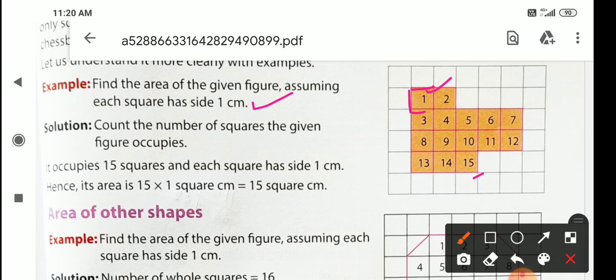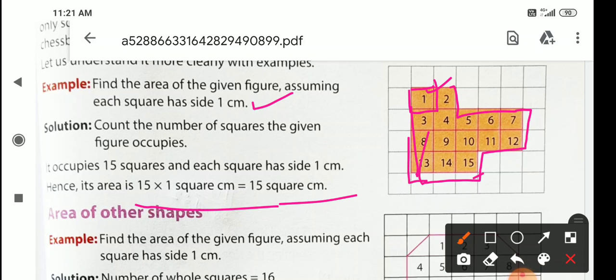So first of all, children, we have to count the squares. Then we know it occupies 15 squares and each square has side 1 centimeter. So 15 multiplied by 1 square centimeter is 15 square centimeter. So this figure's area is 15 square centimeter.